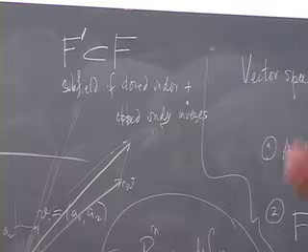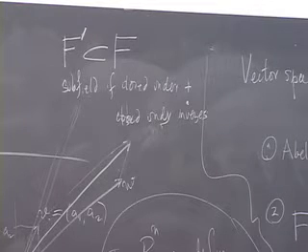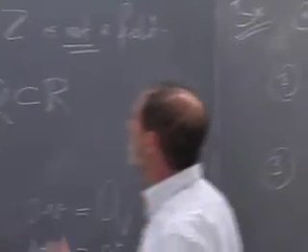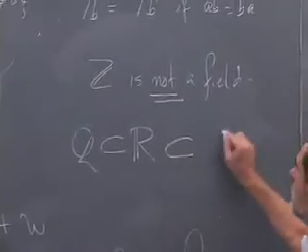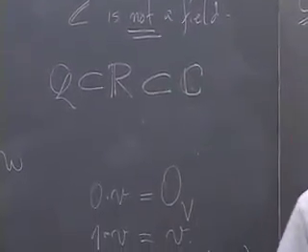So it's a subgroup under addition, and the non-zero elements form a subgroup under multiplication. So you might notice that in this case, Q is a subfield of R. It's closed under addition and multiplication. And R is a subfield of the complex numbers.